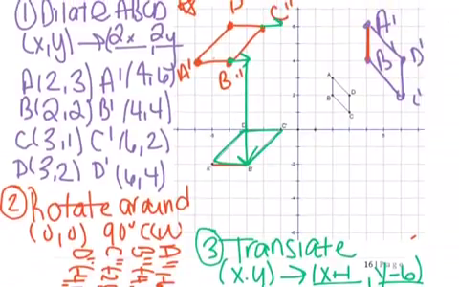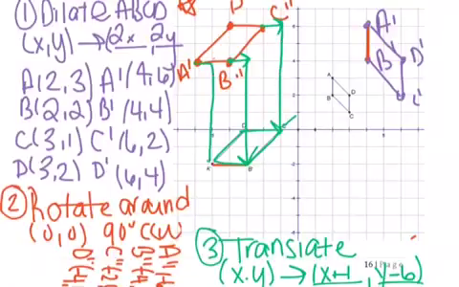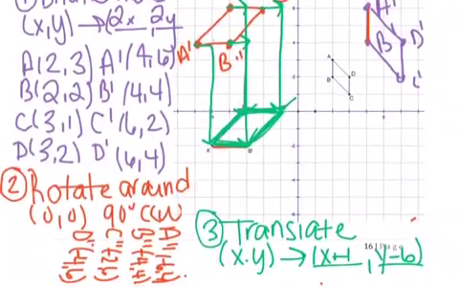So right 1, down 6. A, right 1, down 6. D, right 1, down 6. So yes, all 4 points have to be moved x plus 1, y minus 6, and it matches up my double primes onto the image perfectly.